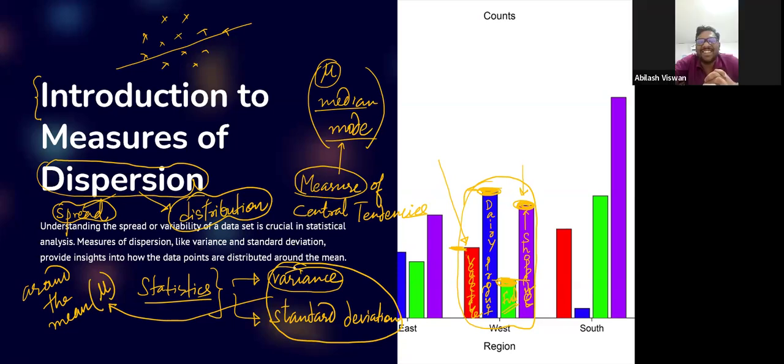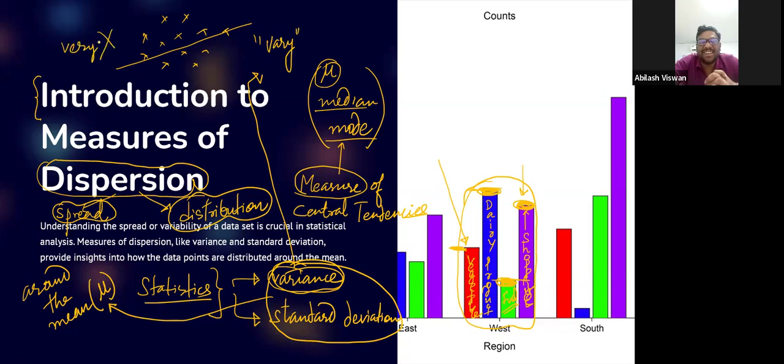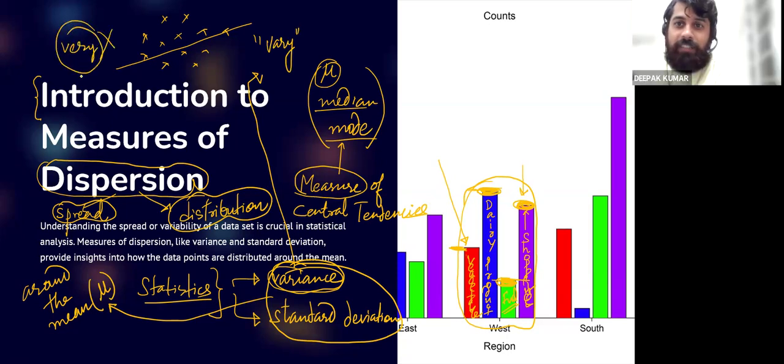Yes. English meaning says variance has come from the term vary. It is not V-E-R-Y, the adjective which we use to say very good, very bad, very honest. No, that is not the vary.